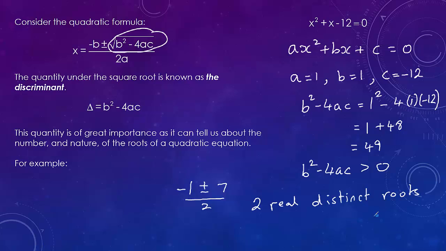Now we'll look at this graphically later, but what that means is if we plot the quadratic function, y equals this, rather than solving the equation, we'll actually get two distinct points at which the graph cuts the x-axis.